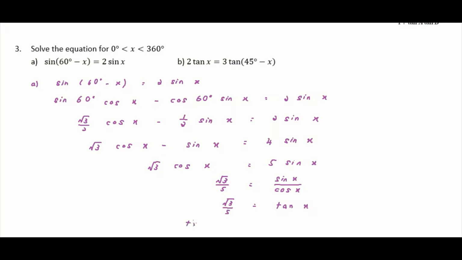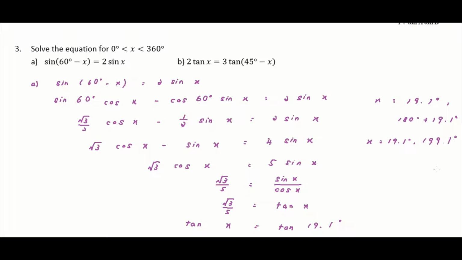You can use your calculator to get your reference angle, which is 19.1. Tangent positive, first quadrant and third quadrant. So x will be equal to 19.1, and the other one is the third quadrant, meaning 180 plus 19.1. Which will give you your last answers, 19.1 and also 199.1.